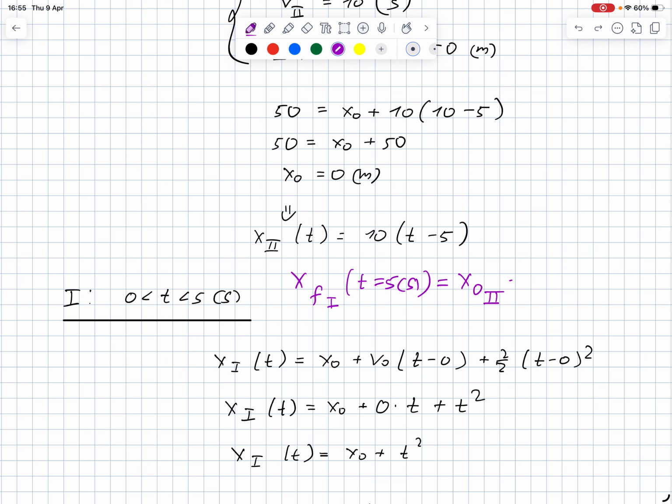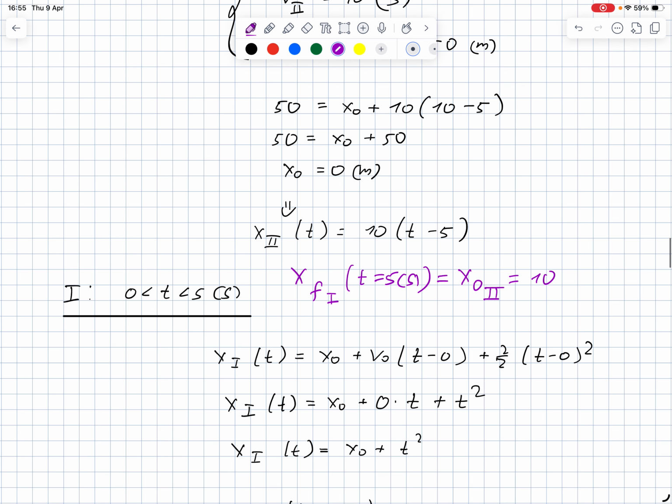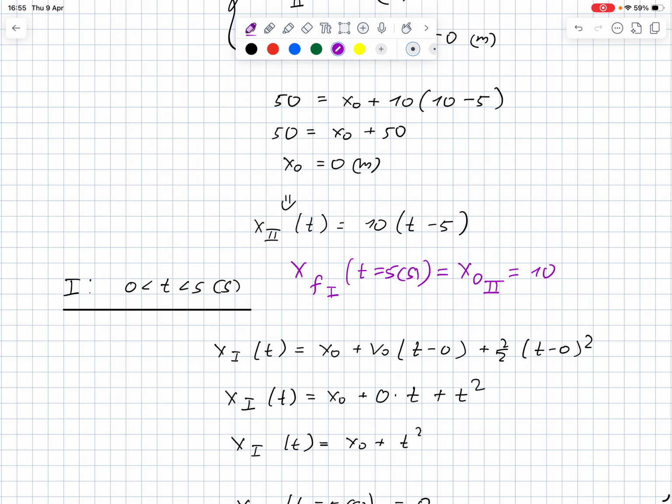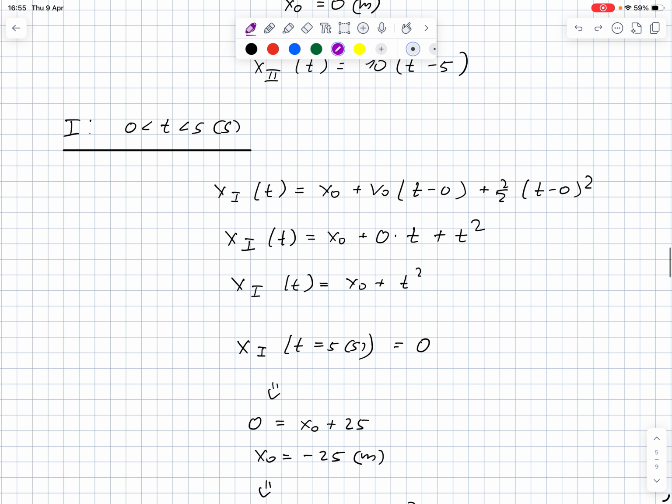So it equals 10 times 5 minus 5 equals 0 meters. So when t equals 5 seconds, the position, which is the final position for the first interval, okay, is 0, which is again the initial position for the second interval.